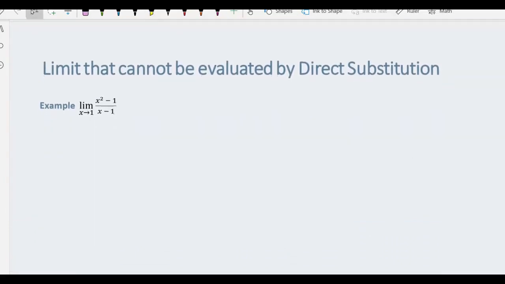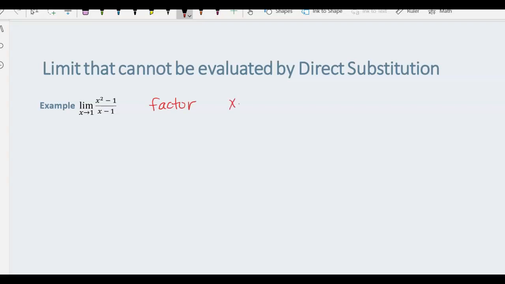Here's an example of one that we can't use direct substitution on because the function is not defined at 1. The denominator is going to be 0 if we plug 1 in. But what we'll do instead is modify the function, like factoring it.